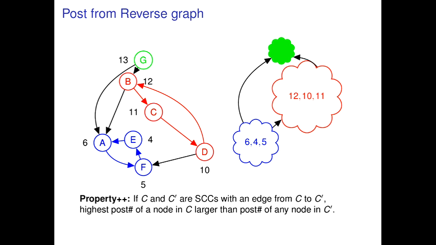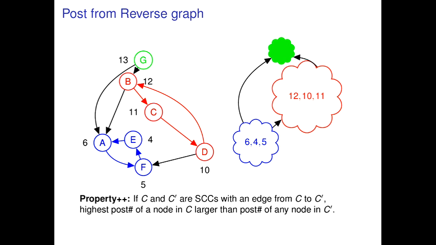In the reverse graph, this edge goes the other way. So there's an edge from C to C prime in the reverse graph. So it tells me there exists a node in the red component, in C, whose post-order number is higher than everybody in the blue component. Right?